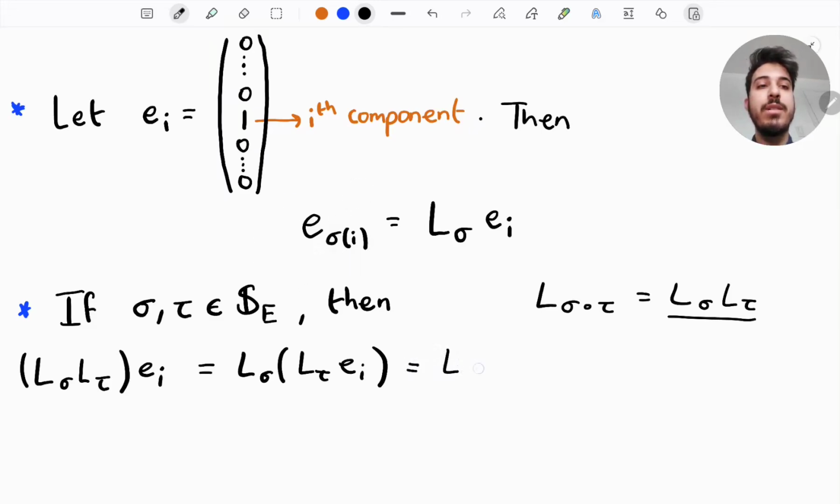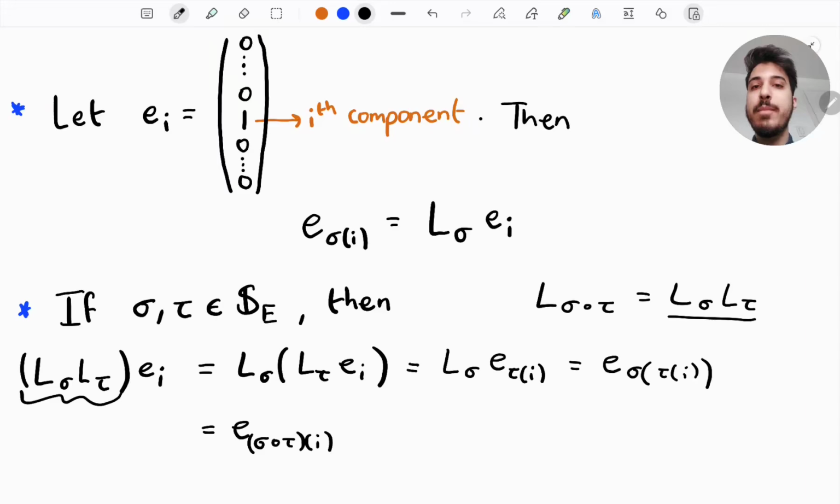So this is L_sigma times e_tau(i), and we use the definition again to get back e_sigma(tau(i)). And e_sigma(tau(i)) is equal to e_(sigma composed with tau)(i). Therefore, this proves that the matrix multiplication L_sigma times L_tau is in fact equal to L_(sigma composed with tau), because it gave us exactly that this multiplied by e_i gives us e_(sigma composed with tau)(i).